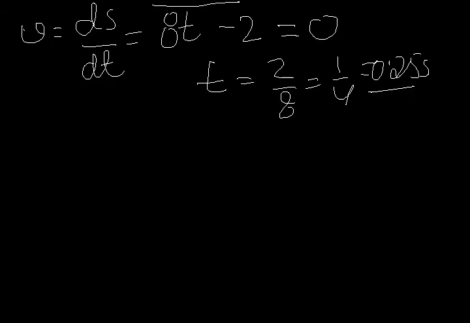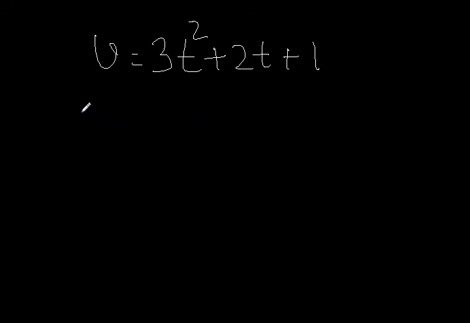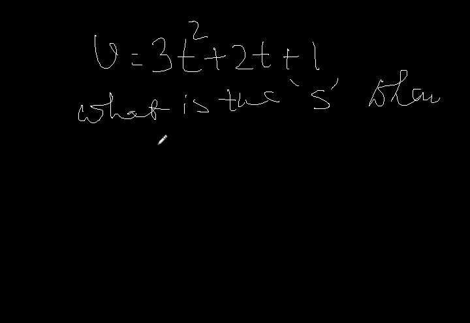Well, if I go to integration, say for example, I have an equation of velocity now. So I have velocity, which is 3t square plus 2t plus 1. And I'm asked to find what is the distance traveled, what is the s when t is equal to 1 second.